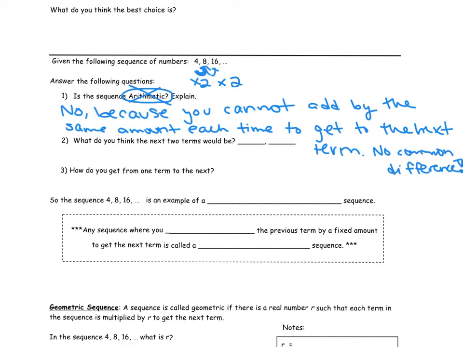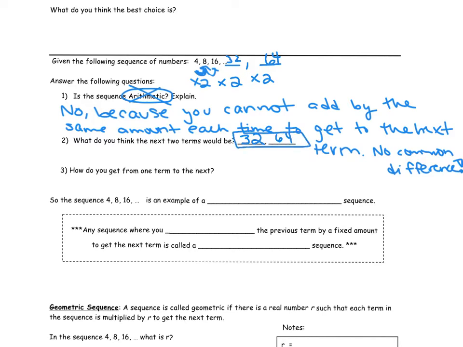So if I'm multiplying by 2 for all of these terms, what do you think the next two terms would be? I have 4, 8, 16. 16 times 2 is 32, so that would be 32 here. And then 32 times 2 again is going to be 64. So those would be my next two terms.